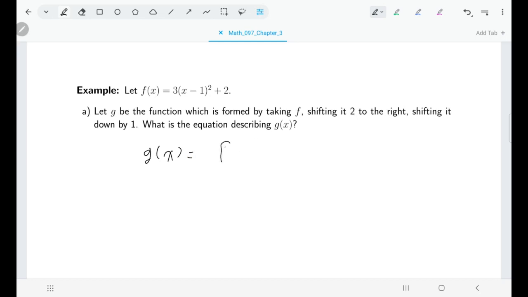So shifting 2 to the right would be f of x minus 2. Shifting it downwards by 1 means I would have a minus 1 at the very end of it all.